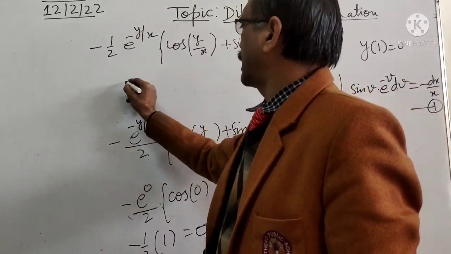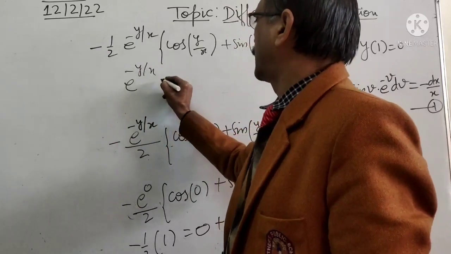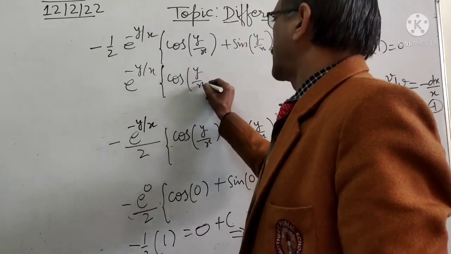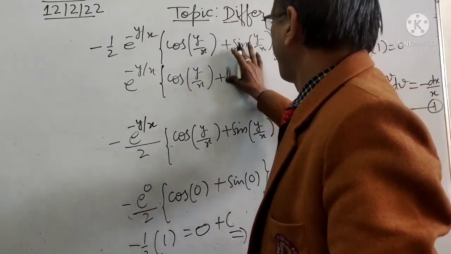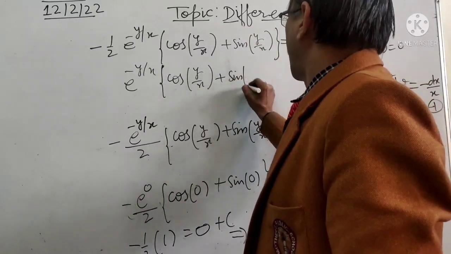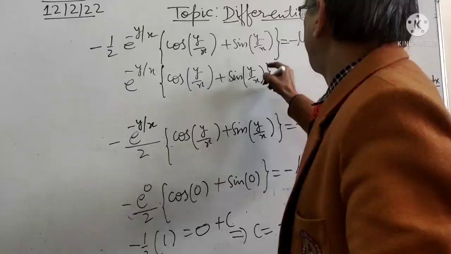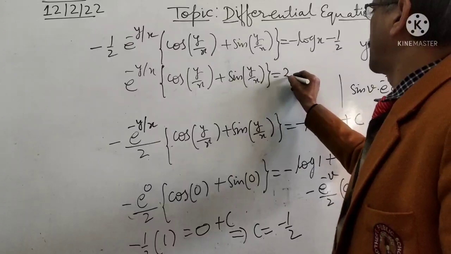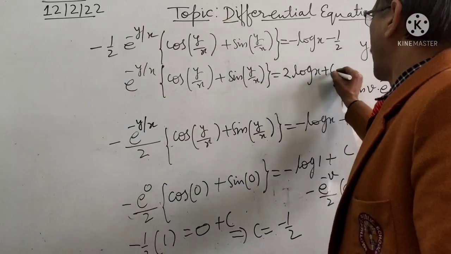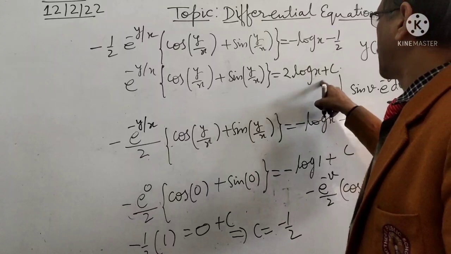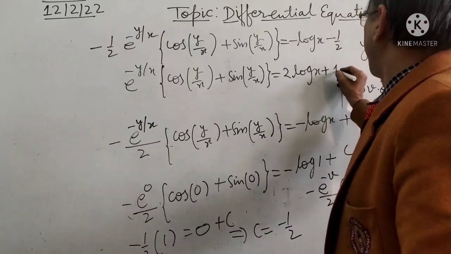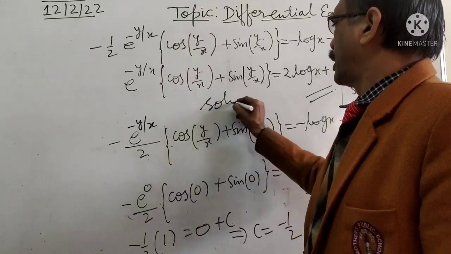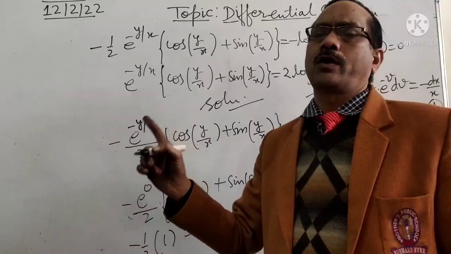So the final answer: e power minus y upon x, bracket cos y upon x plus sin y upon x, is, we will multiply the whole equation by 2, so it is 2 log x plus 1. We can also write it as log x square. So this is the solution of the given differential equation, or initial value problem.